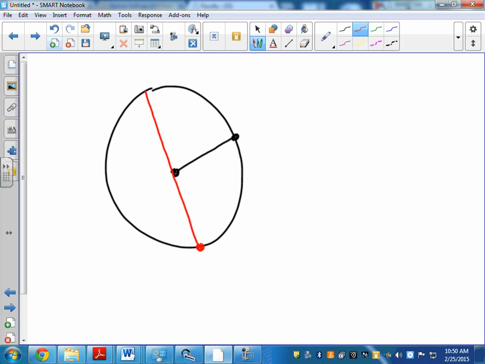Right, so one particular radius is the segment, a radius, and a diameter, both going through the center of the circle. So let's suppose we said the radius is 3 inches. What is the diameter?